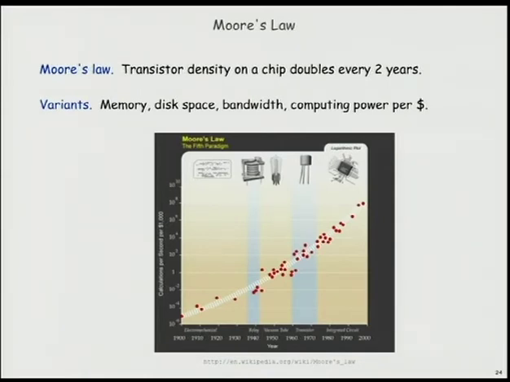So we double the density on the chip every second year, and you can specify this in terms of memory, of disk space, so you can have always faster memory, always faster disk space, always faster bandwidth, and computing power will grow and computers will be cheaper.